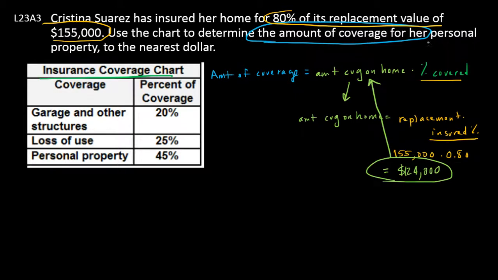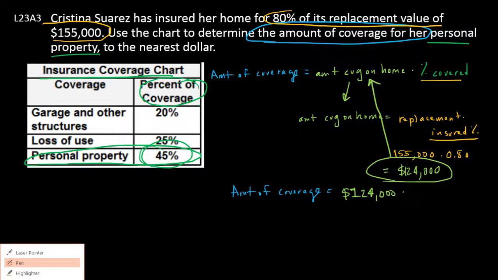In this case, they specified that we want to know personal property. So if I look at personal property, I see that the percent of coverage is 45% for personal property. So if I want to find out my amount of coverage for personal property, I take the amount of coverage on the home, which is $124,000, and I multiply it by that percent coverage of 45%, or 0.45.